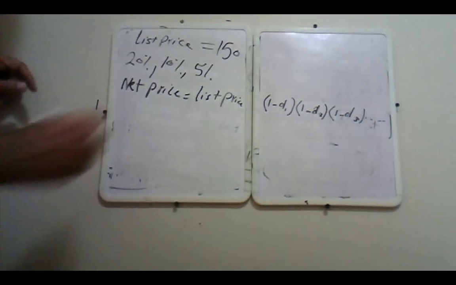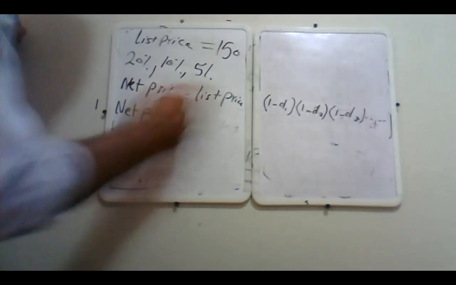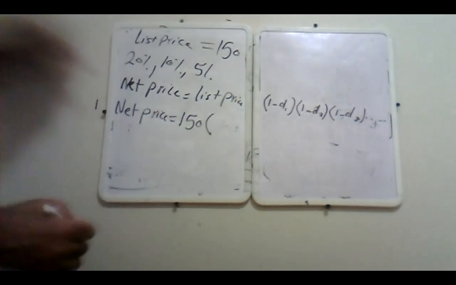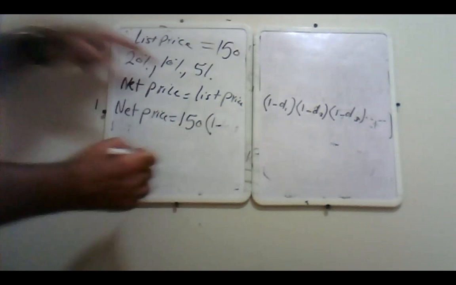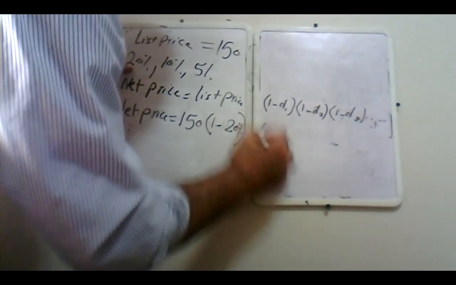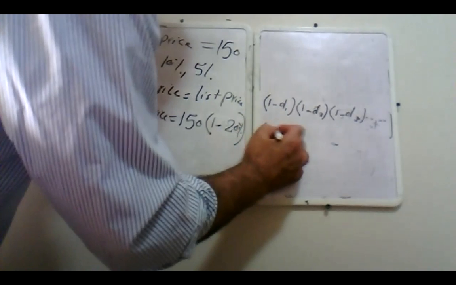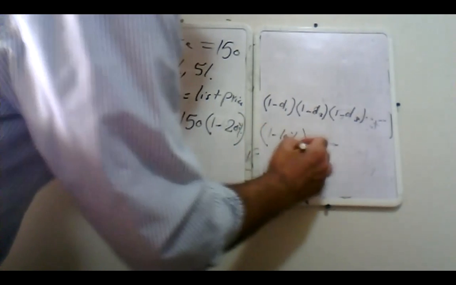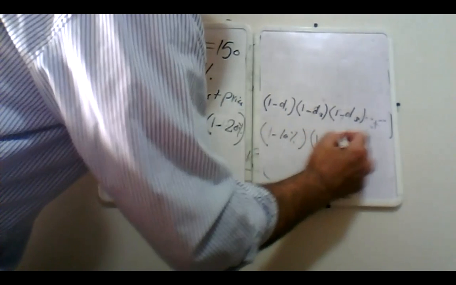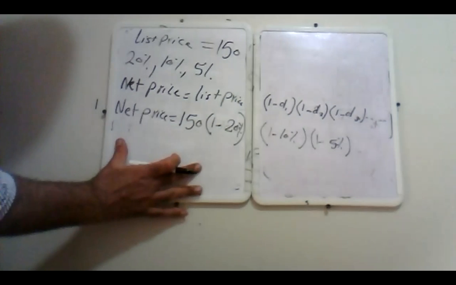Okay, then let me say the net price here will be the list price, which equals $150, multiplied by 1 minus the first discount, 20%. Cool. Multiplied by 1 minus 10%. Multiplied by 1 minus 5%. Let me solve it in this part, it will be easy now.